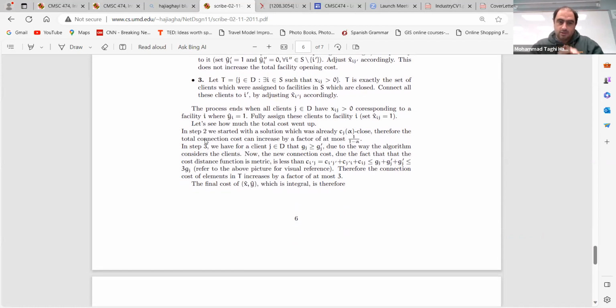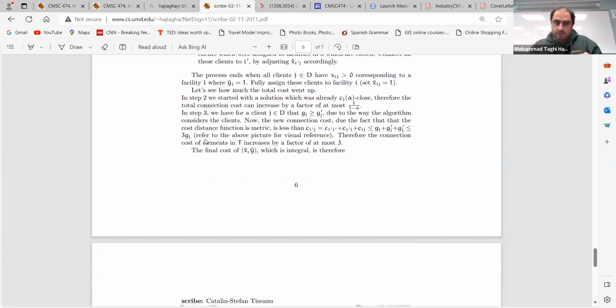This is the one that I have mentioned. So the connection cost essentially goes at most by a factor 3 up.